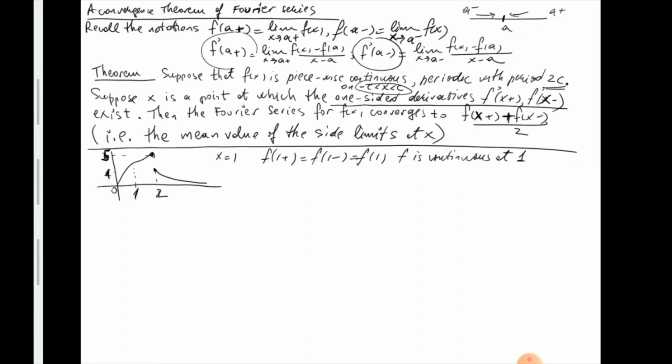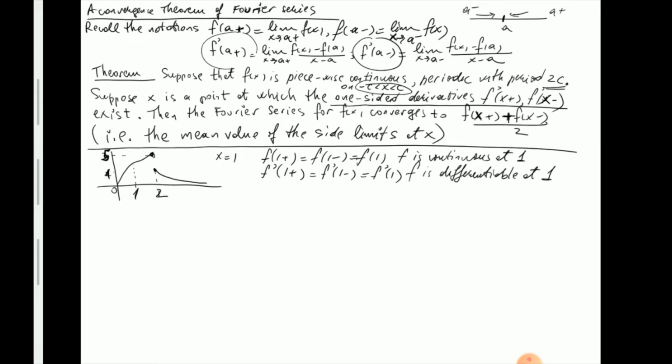And by the same token, there's no distinction between f prime of 1 plus and f prime of 1 minus, the derivatives to the left and to the right, because the function, if you look at the graph, is differentiable at x equals 1. So the whole distinction with the left and right limits is for the points at which the function may fail to be continuous. Remember, it's piecewise continuous, so the sided limits still exist.